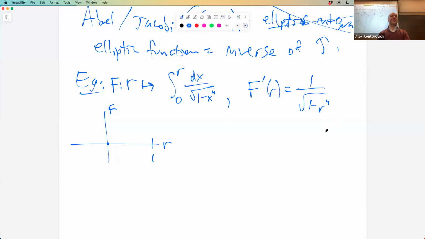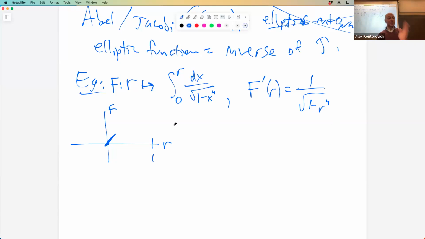What is happening to this square root of 1 minus r to the fourth? What's the derivative when r is equal to 0? 1, exactly. So derivative of 1 is a 45-degree line locally. How about when r is getting closer and closer to 1? What's the derivative? As r approaches 1 from below, Dana, infinity.